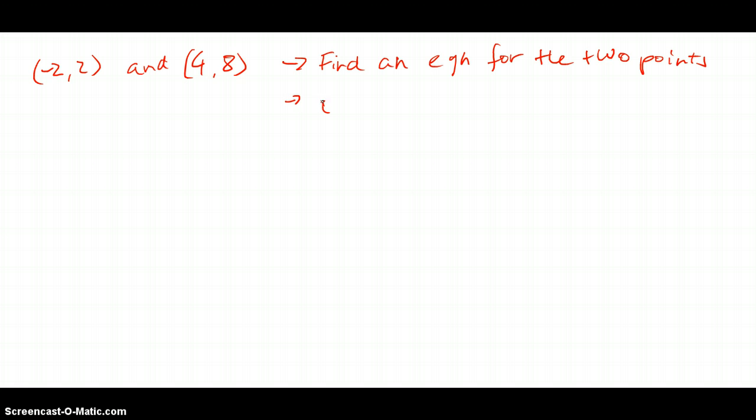And the next thing is prove it is parallel to y is equal to x plus 10. So these are the two parts of the question. Find an equation for the 2 points, prove that it is parallel to y is equal to x plus 10.